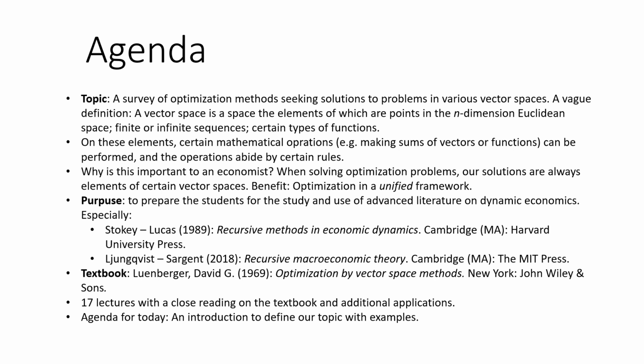But I will add additional exercises, additional problem sets, additional applications from the advanced literature in dynamic economics. The textbook is not for economists; I guess it is rather for engineers.